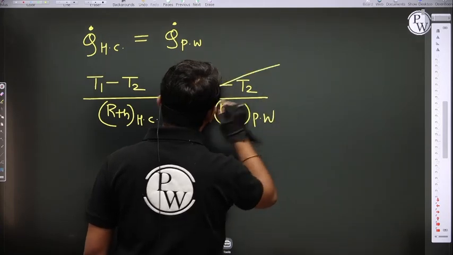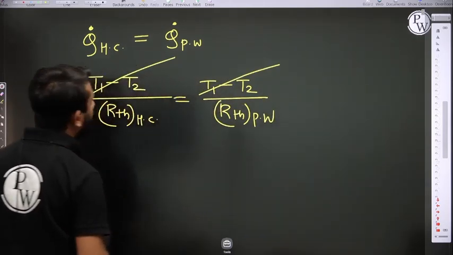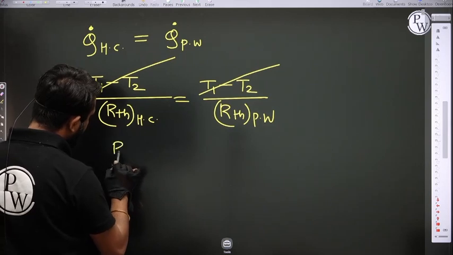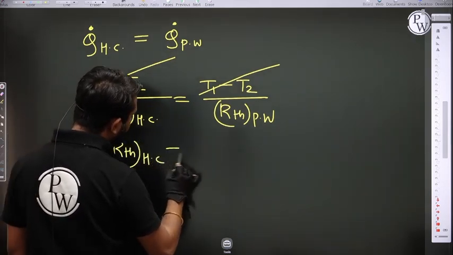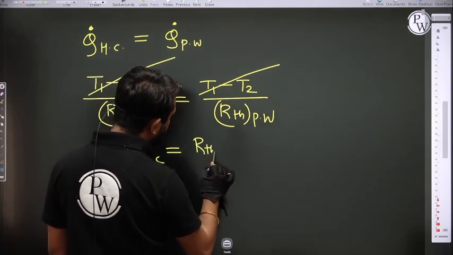Right. So T1 minus T2 cancel out. So ultimately, the thermal resistance of the hollow cylinder is equal to the thermal resistance of the plane wall.